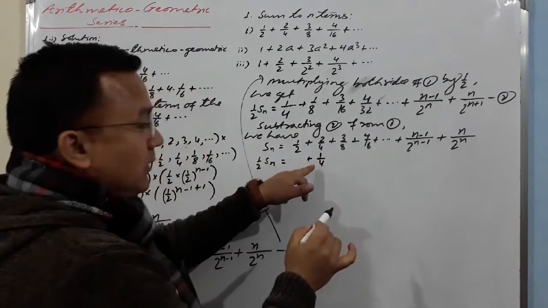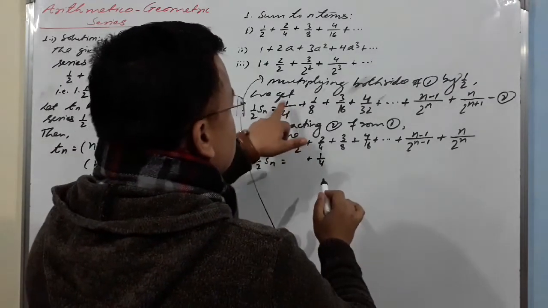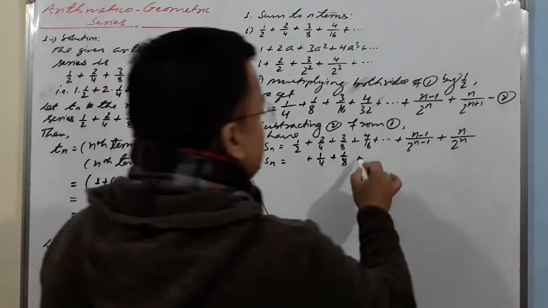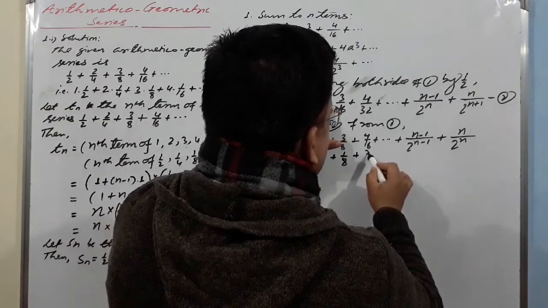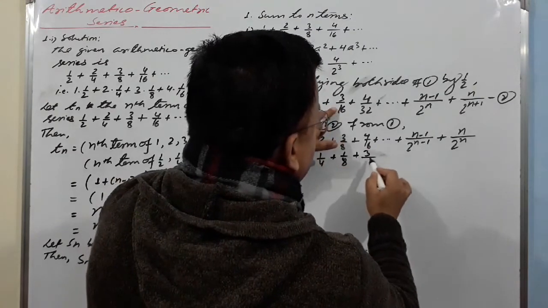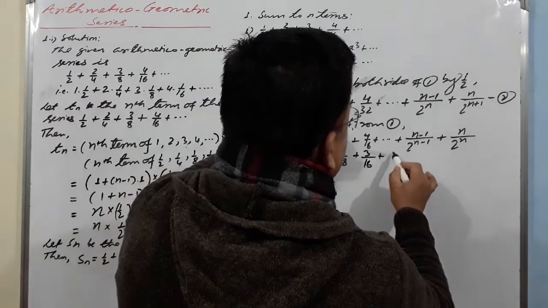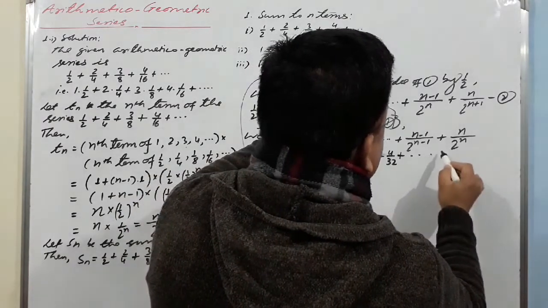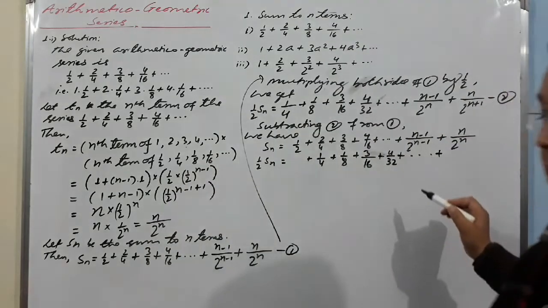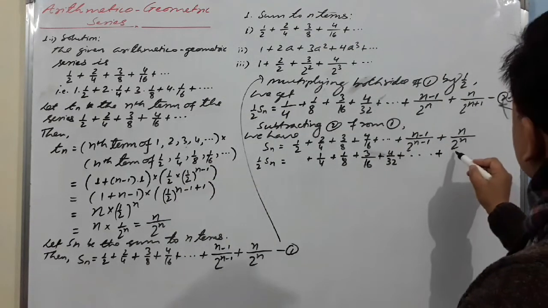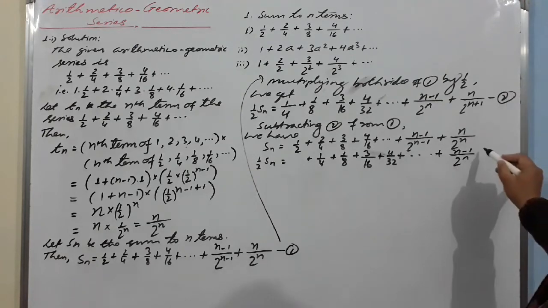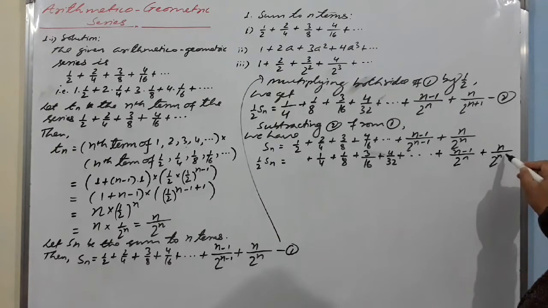That's why I've written here plus 1/4, so that you will not have any confusion, plus sign, and plus 1/8, and plus, see very carefully, 3/16 plus 4/32 plus dot dot dot, and plus, exactly in the same way, so you will not have any confusion in the next step, n over 2^(n+1).